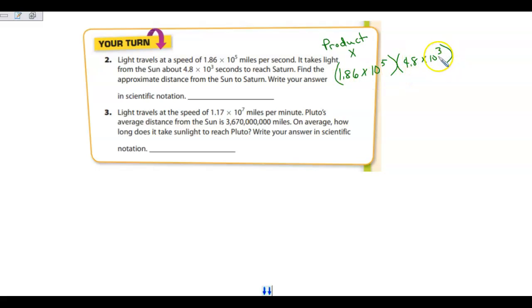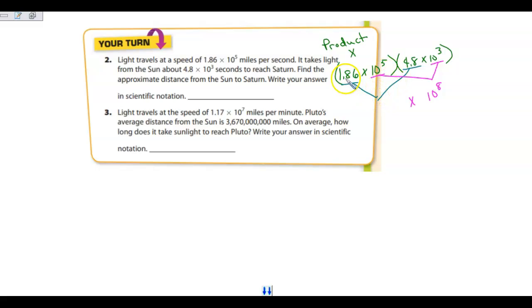And we're going to multiply these. And one way of doing that is to separate the products. These are going to be multiplied times each other. And these are going to be multiplied by each other. Okay? So times 10 to the 5 plus 3 is 8.